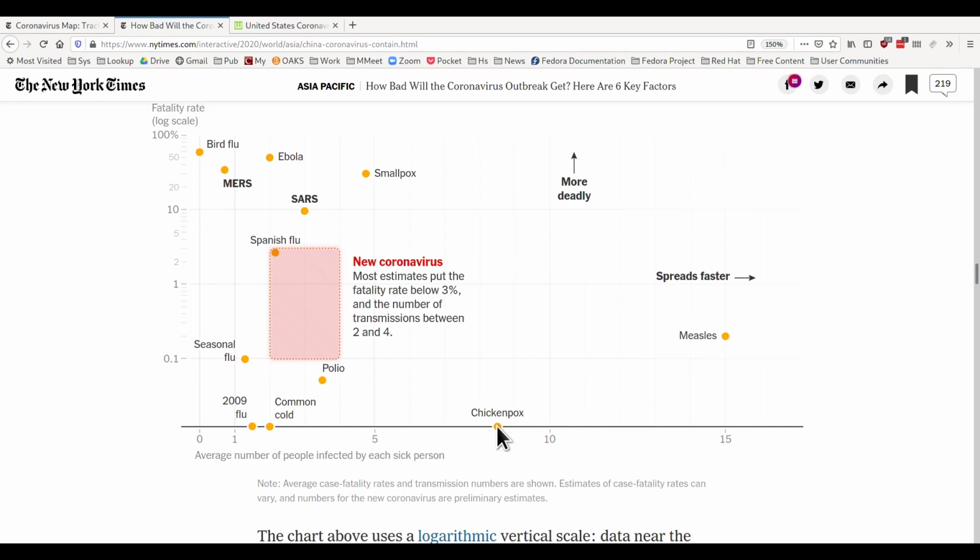And then nobody really dies of chickenpox. But this area right here where it looks like COVID-19 is, it's something that's rather contagious, rather high R0, and with a significant fraction of complications. Pneumonia in the case of COVID-19.